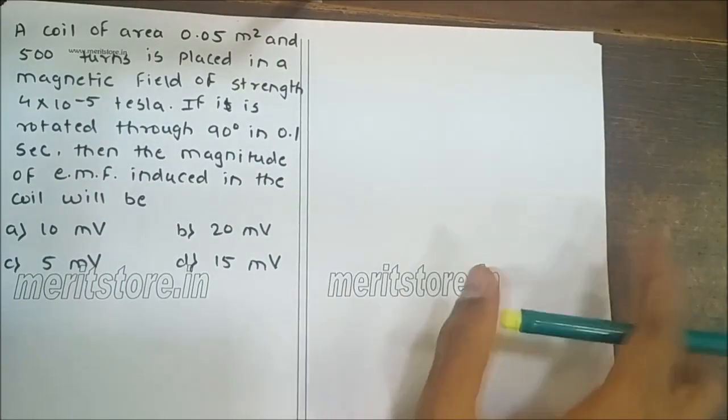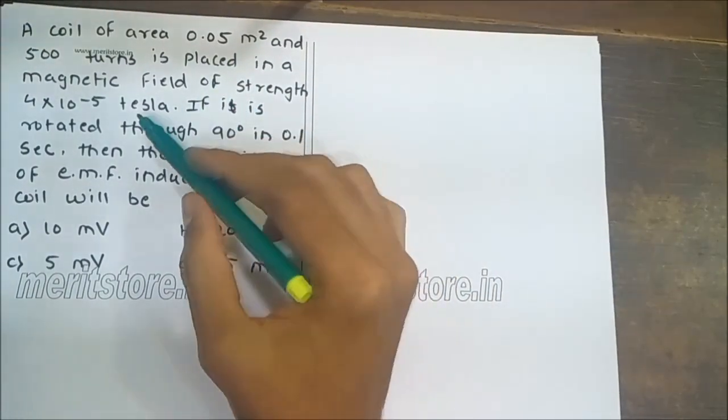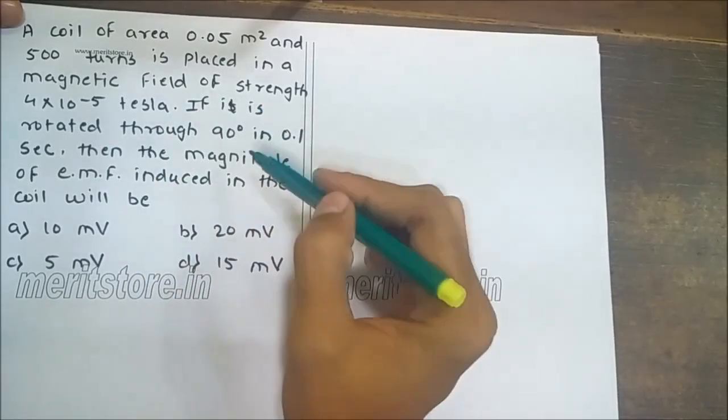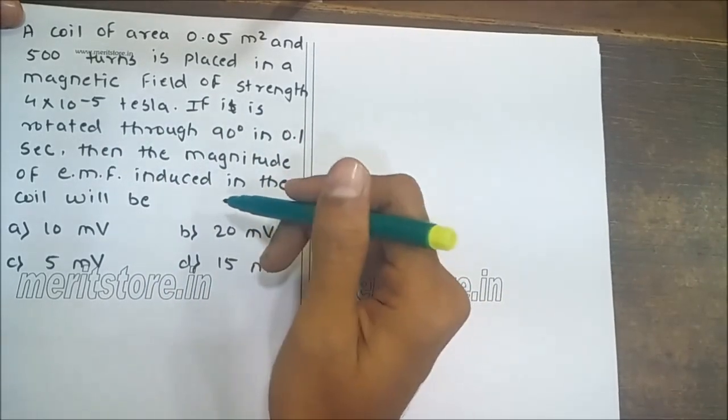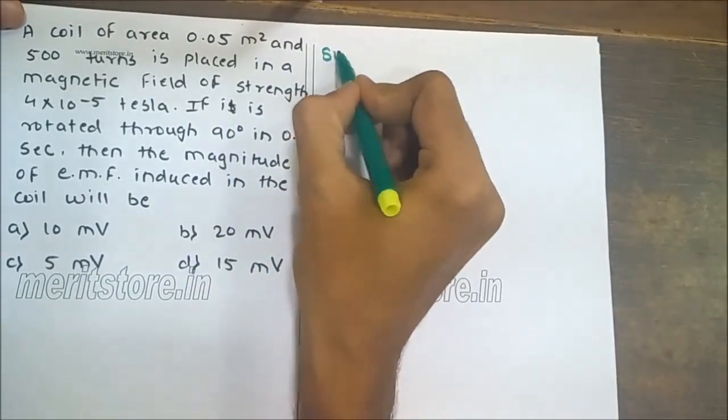A coil of 0.05 meter square and 500 turns is placed in a magnetic field of strength 4 into 10 raised to minus 5 Tesla. If it is rotated through 90 degree in 0.1 seconds, then the magnitude of EMF induced in the coil will be 10 millivolts, 20 millivolts, 5 millivolts, or 15 millivolts.